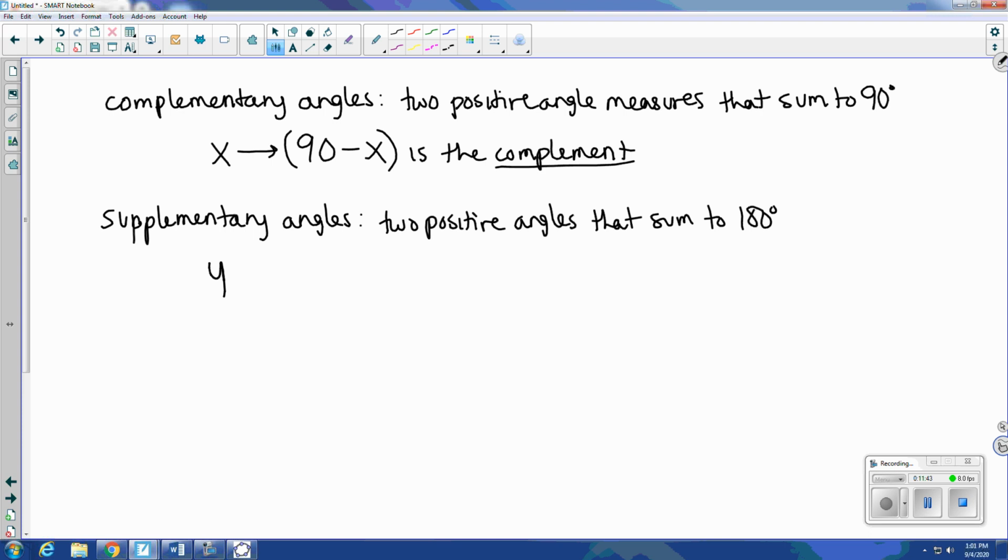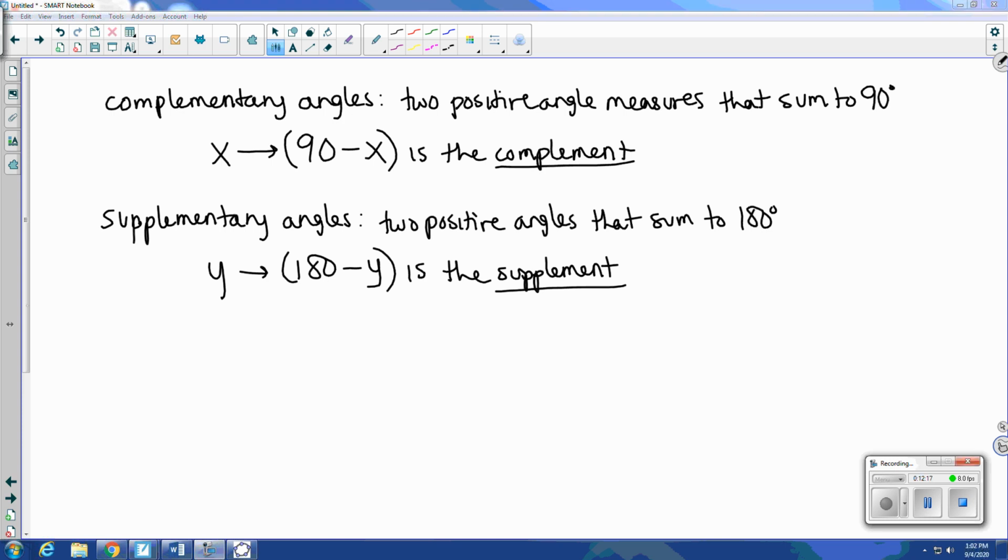If we have some angle y and we want to find its supplement, we do 180 minus whatever that angle measure, which is denoted as y, is. So this serves as the supplement. And those are all of the special angle pairings we need to know for now, as well as an introduction to angles.